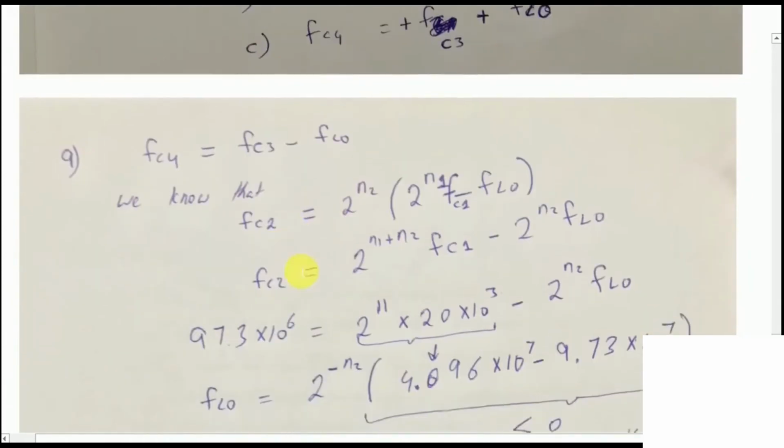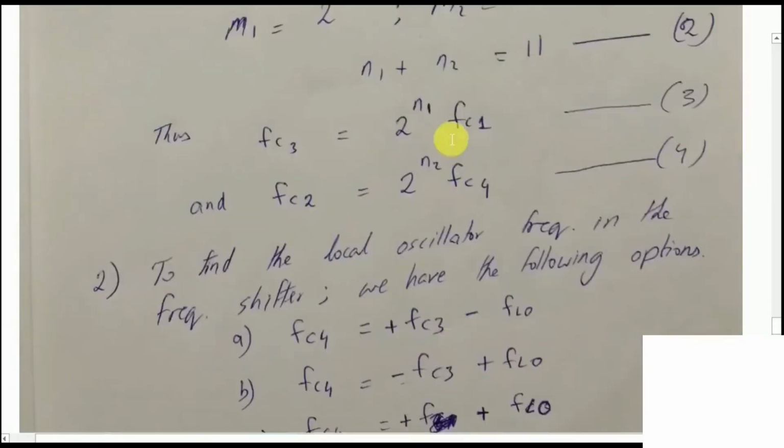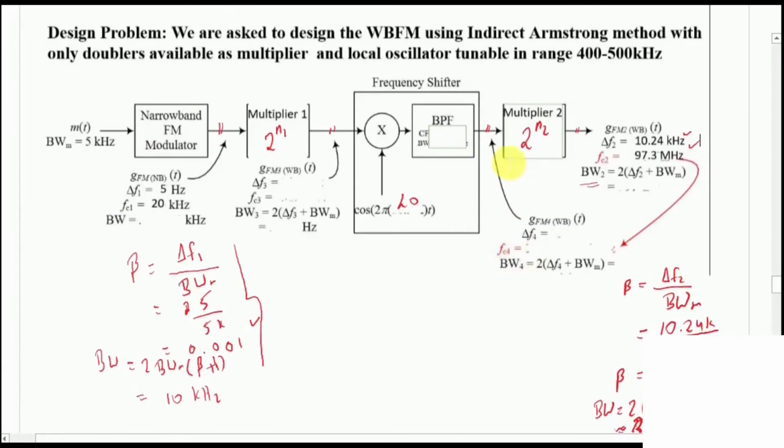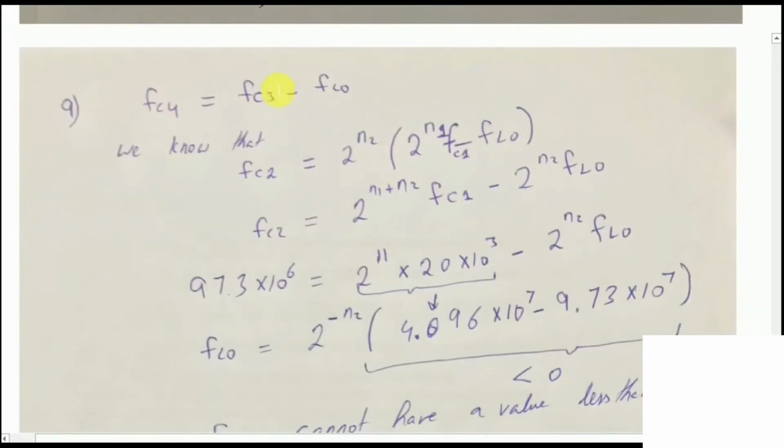So the first one is, as I mentioned, FC4 is equal to FC3 minus FLO. So this says that FC4, which is over here, is equal to FC3 minus FLO. Okay, so for that, this is expressed over here, right?